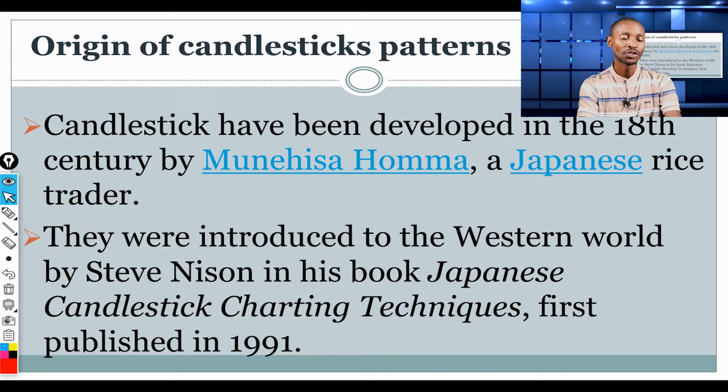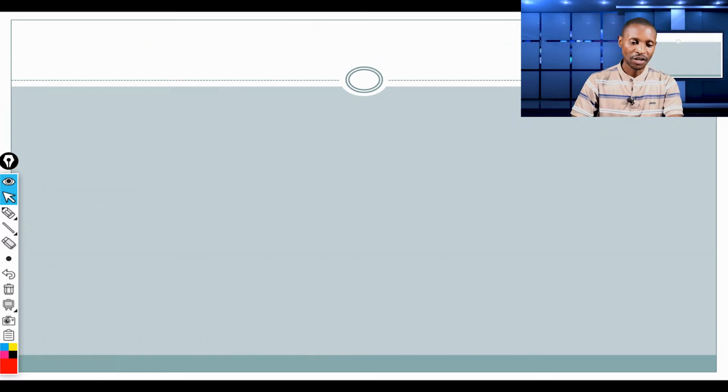They were introduced to the Western world by the American Steve Nison, who wrote a book called Japanese Candlestick Charting Techniques around 1991. He is the one who refined the candlesticks as you can see them today. So briefly, this is the origin and history of candlestick patterns, a technique which has been used for many years.